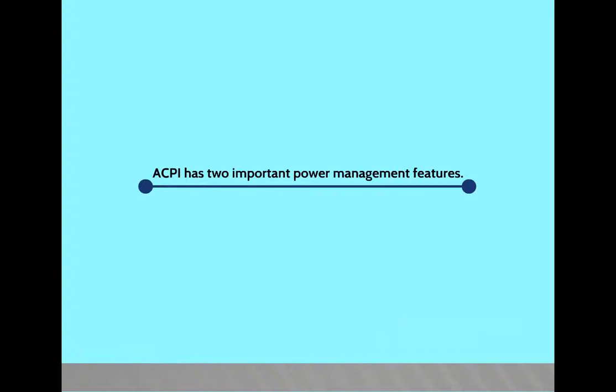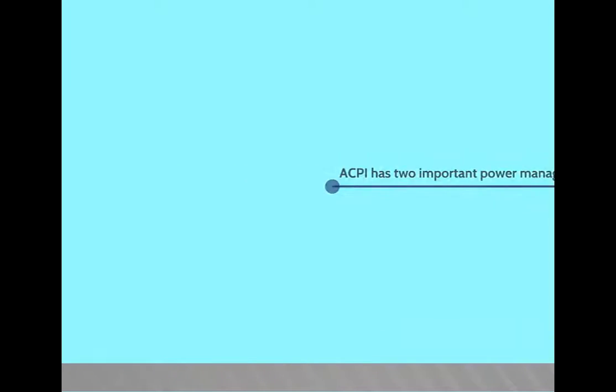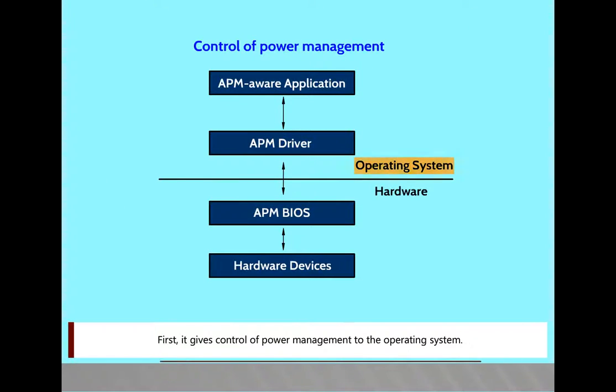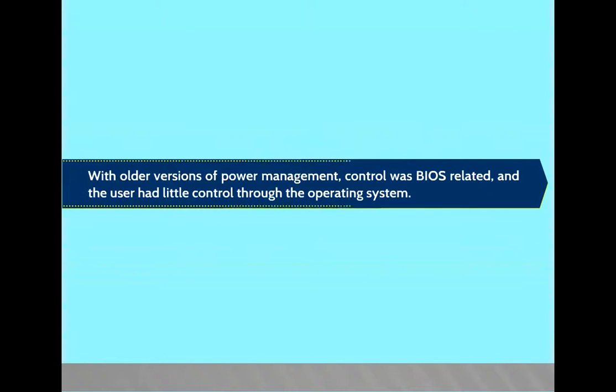ACPI has two important power management features. First, it gives control of power management to the operating system. With older versions of power management, control was BIOS related and the user had little control through the operating system.